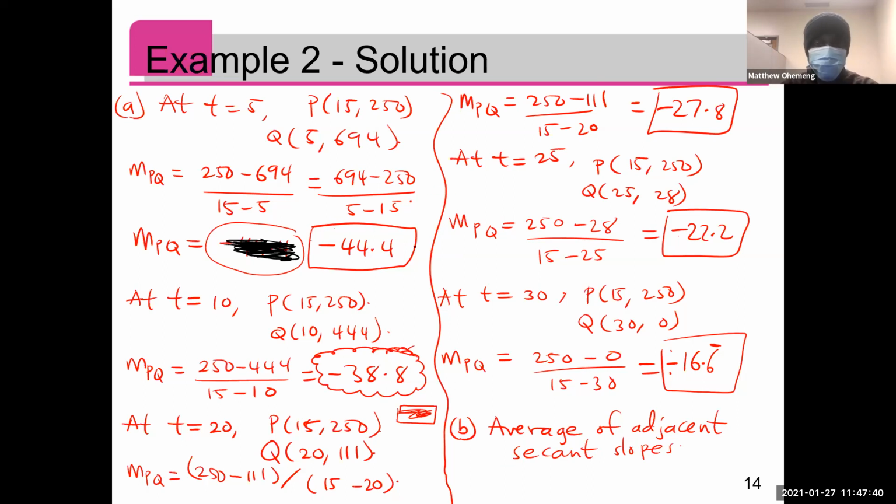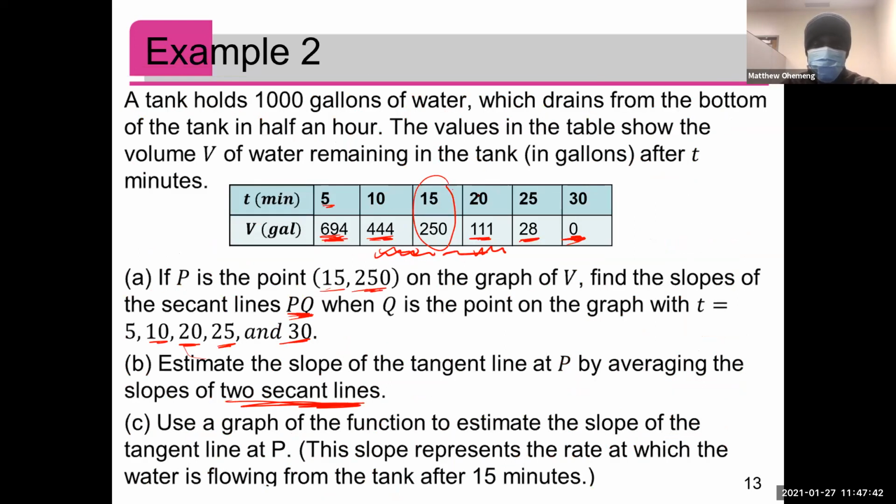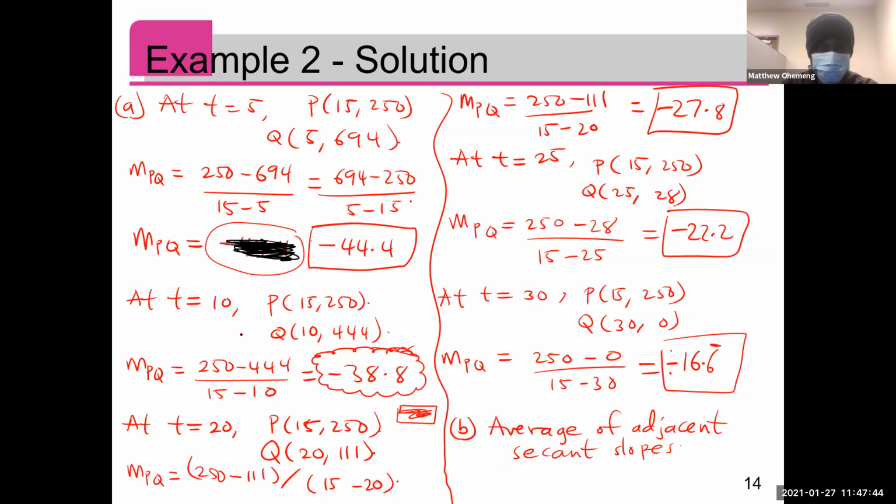Those will be at times 10 and 20. So at time 10, we had negative 38.8, right? Plus the other one, at 20, which was negative 27.8. So average these two, right?